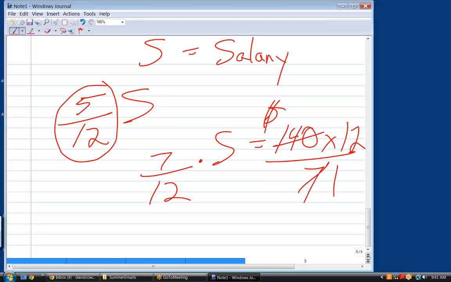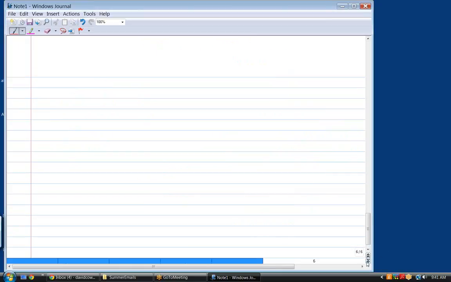When I divide the top by 7, that turns into 20. Now I have 20 times 12, that's $240. If you do those simplifications first, you don't even need to get out your calculator because there aren't any big numbers involved.